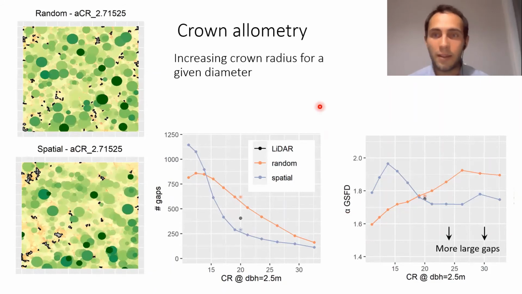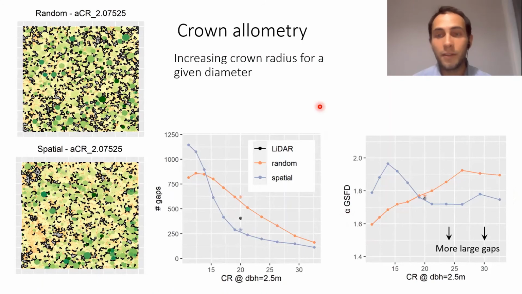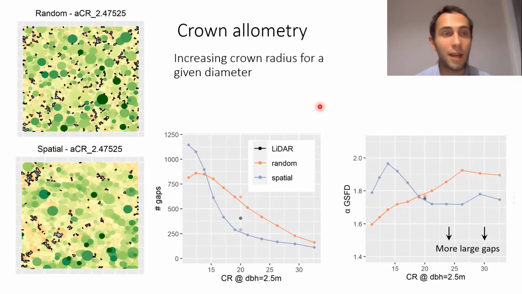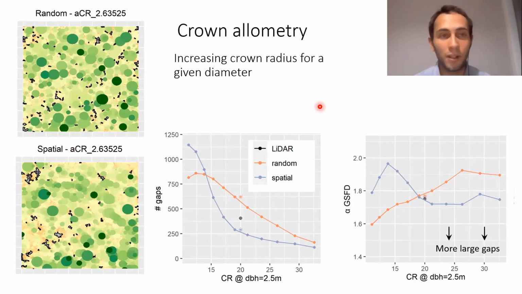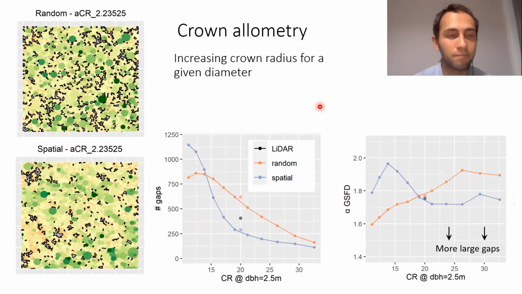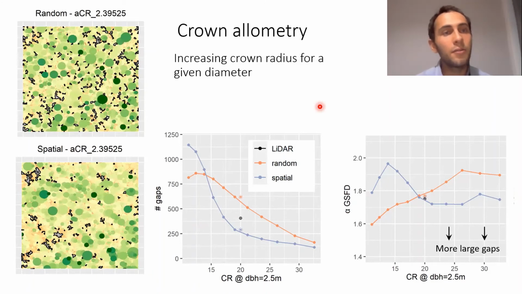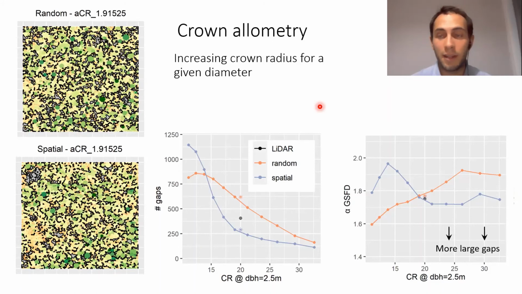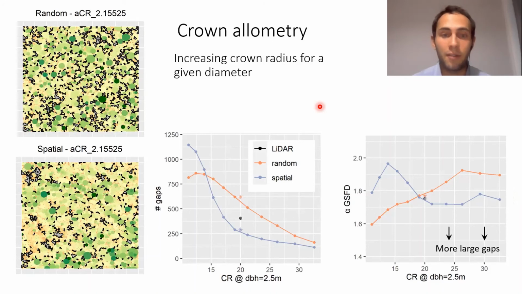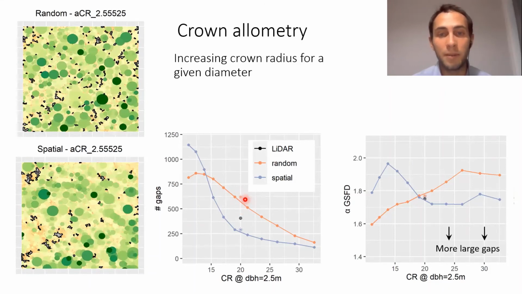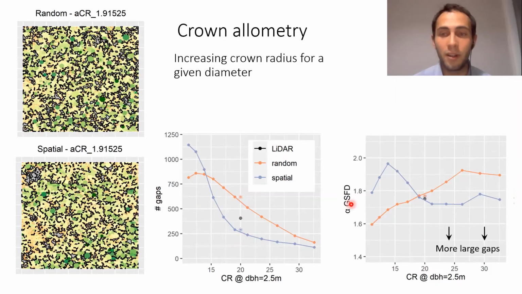So why is this? Let's first start with the random model. In this one, the crowns are just placed according to their allometry and with some variation. So there's no spatial aggregation of crowns, which means that there's quite a lot of gaps around the crowns. So we see that there's more gaps in the random simulations than the spatial one.